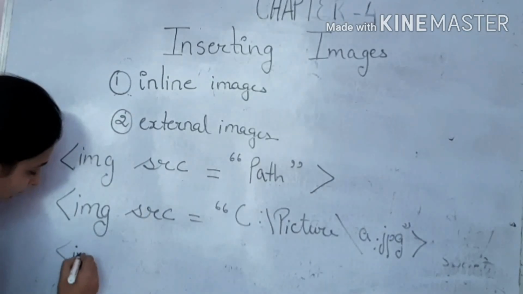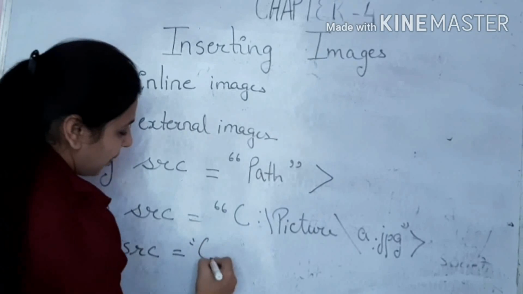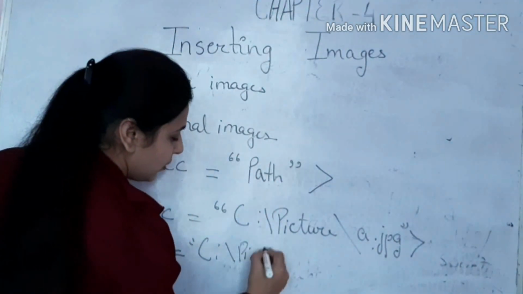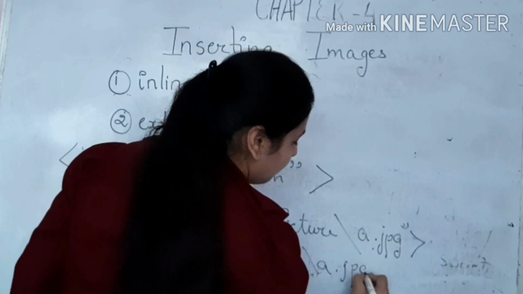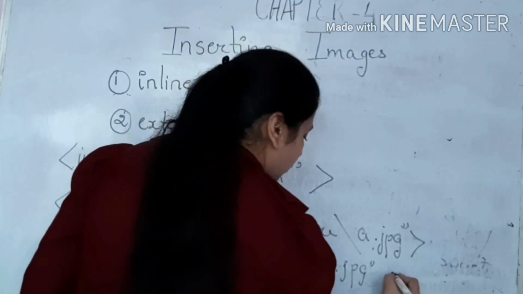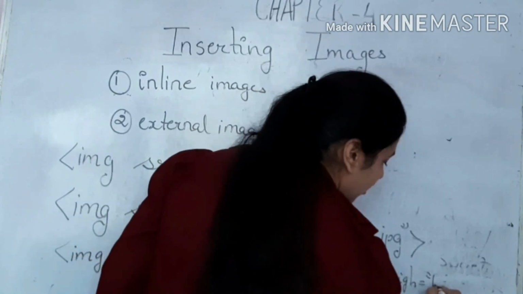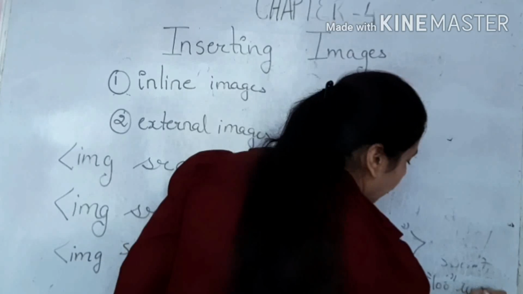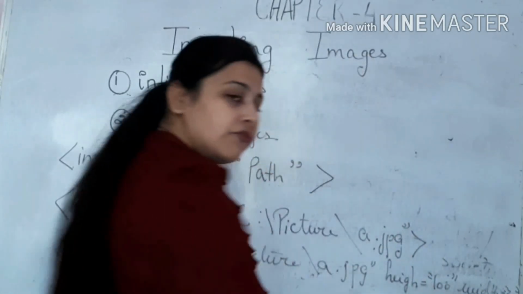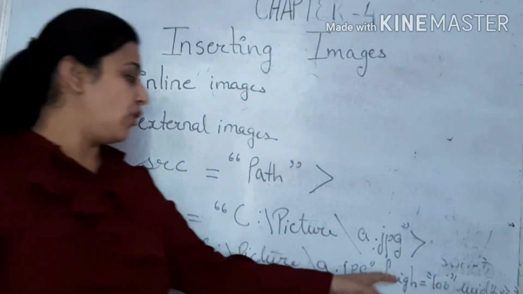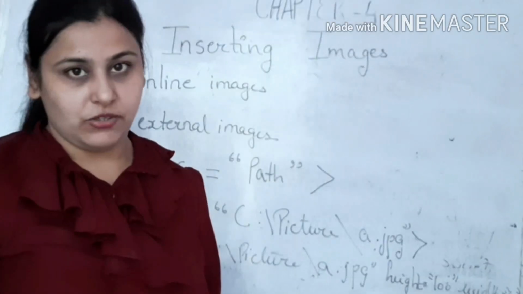You will write IMG SRC, the entire path of the image that you want to insert, and then after the path you will write height equal to a value, suppose 100, and width equal to a value. So the height and width attributes are used to resize the image.